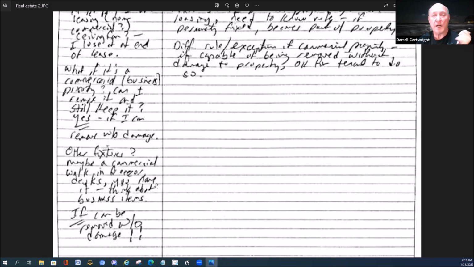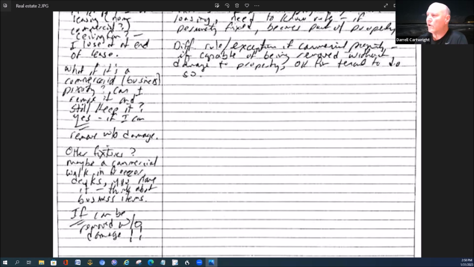Maybe it's a business and I put in built-in desks and cubicles and things like that. Think about other business items. If it can be removed without damage, I get to keep it as the tenant. I get to remove it and bring it back with me if it's commercial property. And I've taken these notes here to myself to remind me of that.